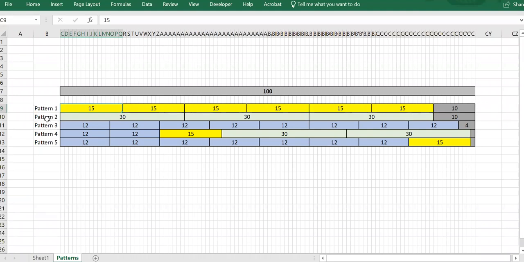If you use pattern 2, there's going to be 10 feet of trim loss per 1 large roll that you cut. Now, if you use this pattern on x2 rolls, there's going to be 10 times x2 feet of trim loss, right?